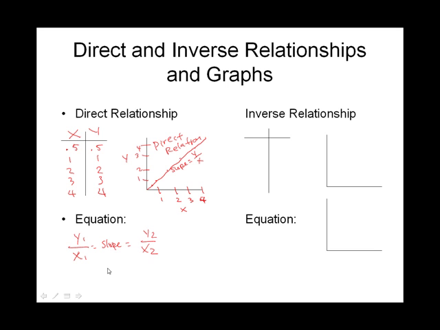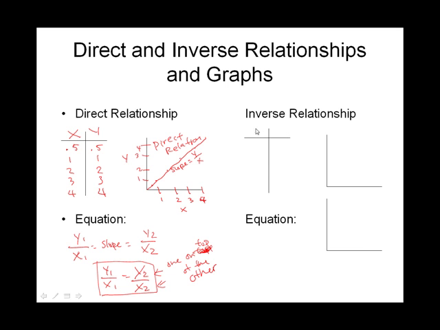So my overall equation would be y1 over x1 equals y2 over x2. And please note that in a direct relationship, the variables x and y are on top of each other.